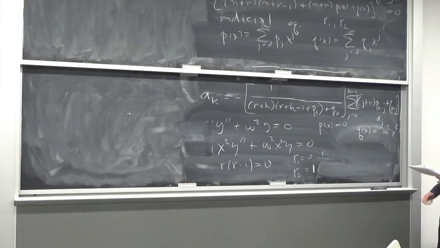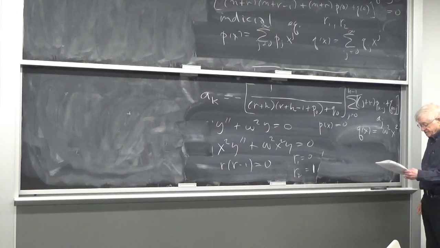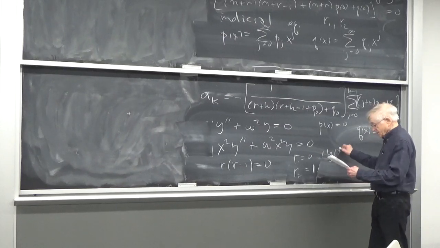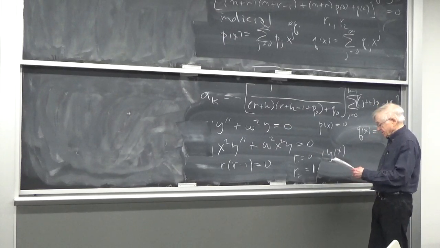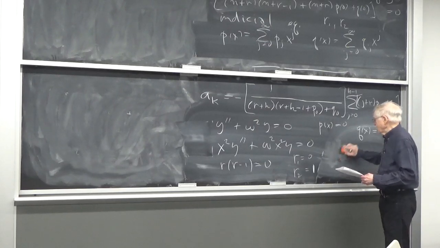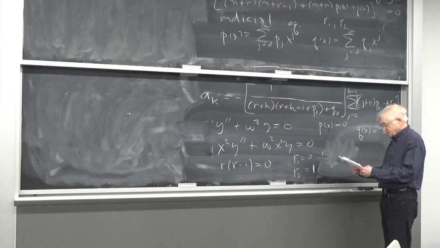And so then when you solve this equation, what you find is that y of x, for example, is, well, first I should maybe write down what the recursion relation is.